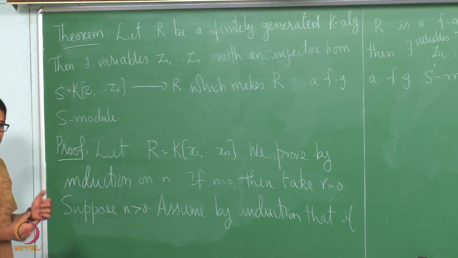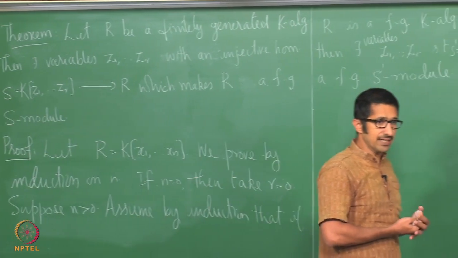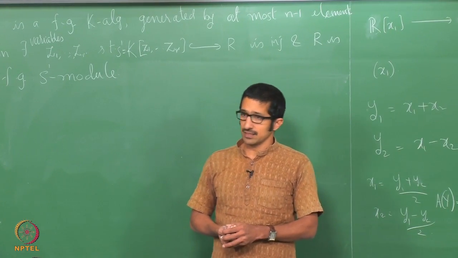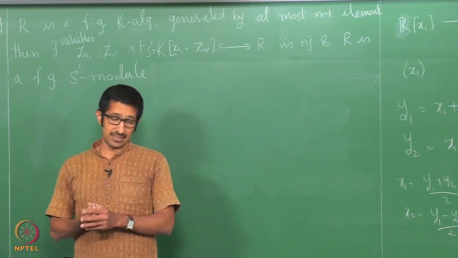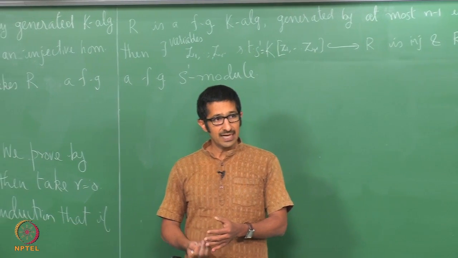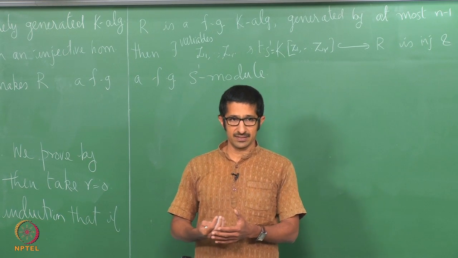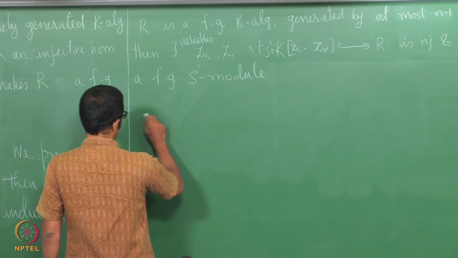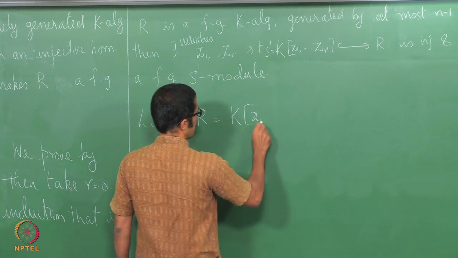Now, the idea is to prove by induction, so the idea is to bring it down to the case of a finitely generated K algebra having n minus 1 generators. Okay. So, let us look at the situation we have now. Let R be equal to k x 1 to x n.